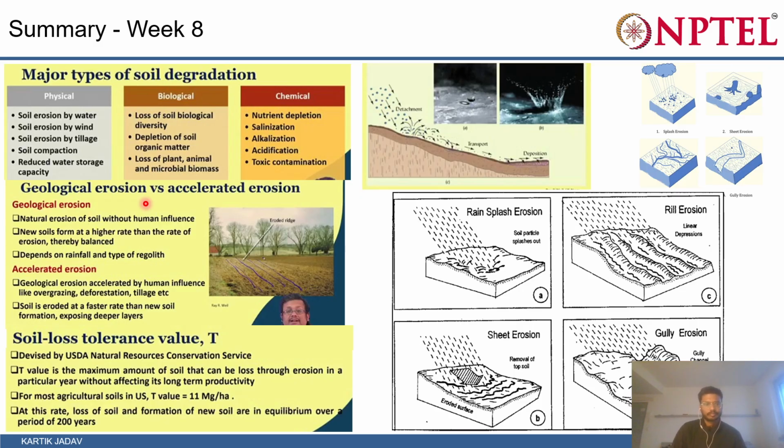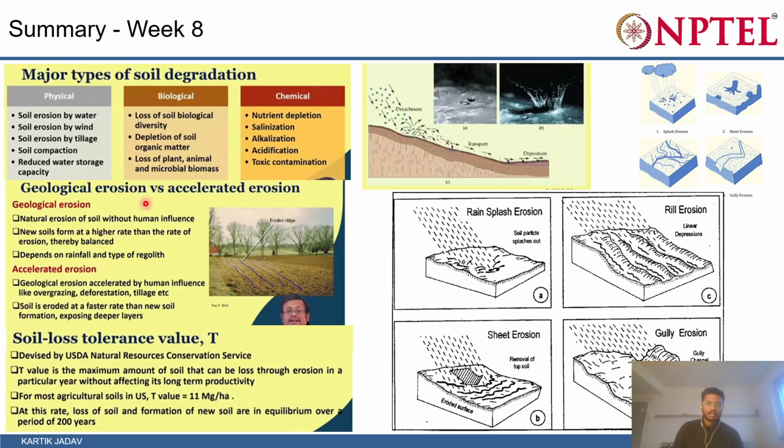While biological are loss of soil biodiversity, let's say overgrazing, then depletion of soil organic matter, which overall affects water absorption capacity and solute sorption capacity, and then loss of plant, animal and microbial biomass. In case of chemical degradation, we have nutrient depletion, salinization, alkalization, acidification, and toxic contamination.